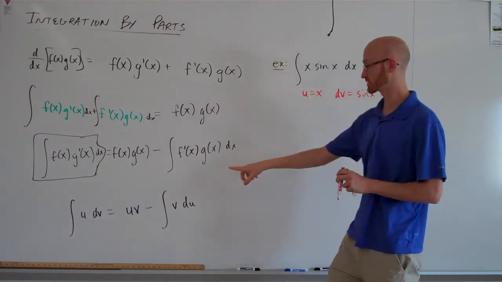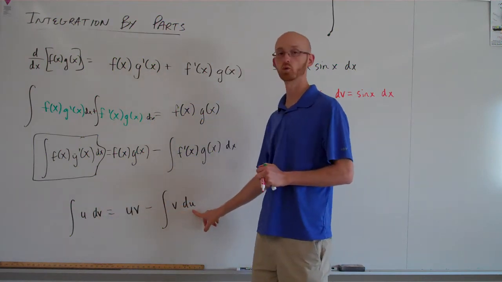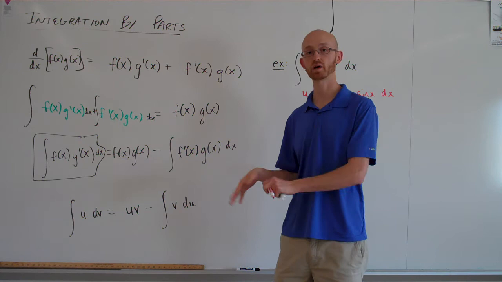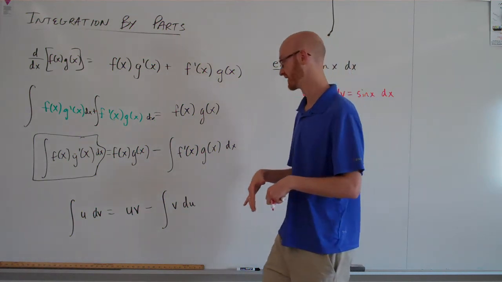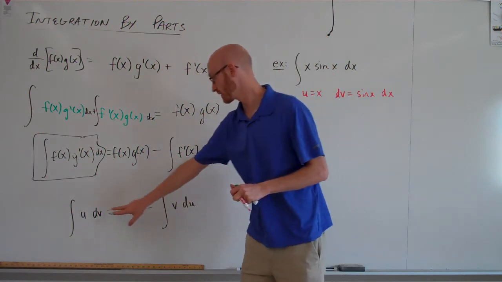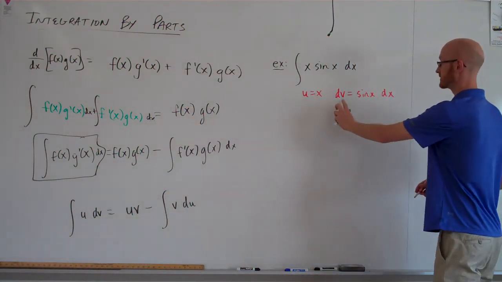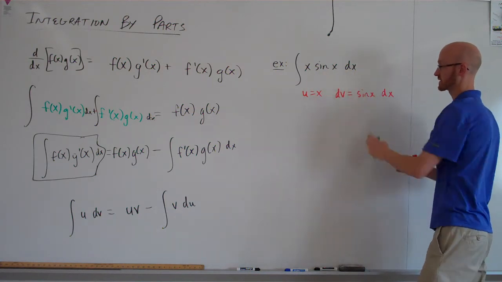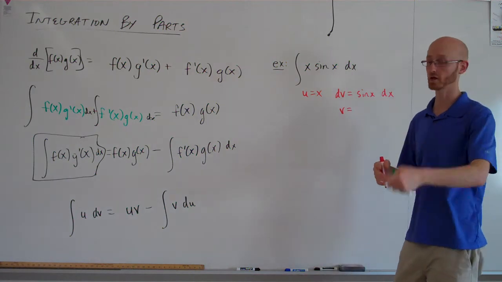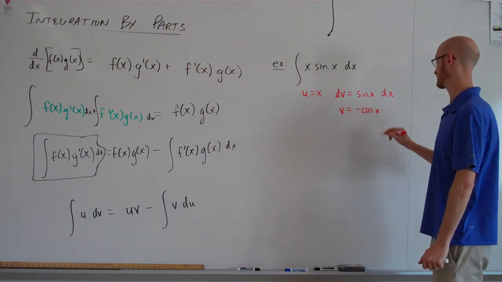And remember, we are totally changing the variable that we are integrating with respect to. So here we're with respect to v, and we end up with respect to u. So you can see this dv is just this expression, which means for v, you'll actually have to do a little quick antiderivative or integral in your head, and you'll see that that's actually negative cosine of x.